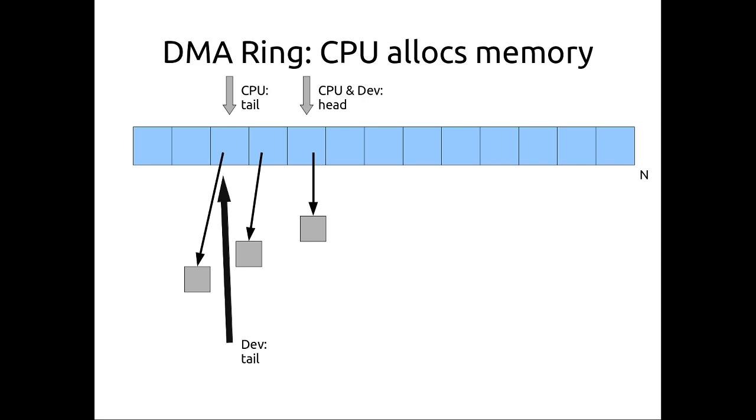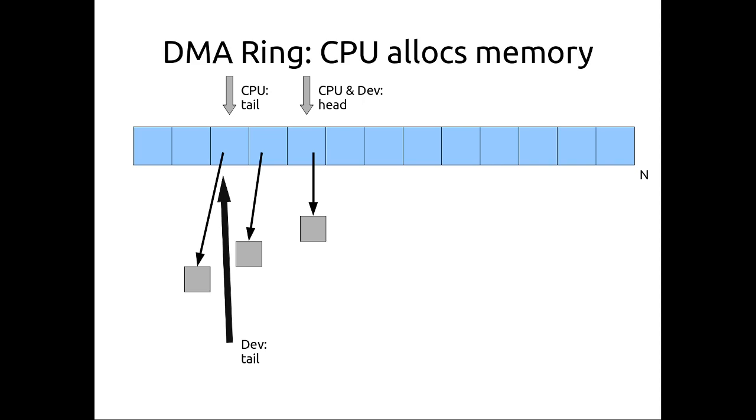You can see here we have 3 data items in the ring buffer that have been allocated, and you see those arrows going out below to the gray nodes. Those gray nodes are the actual memory that we want the device to transfer data into. Between the head and the tail, we have these populated pieces of memory that are allocated, usually with the equivalent of malloc, that we're asking the device to transfer into.